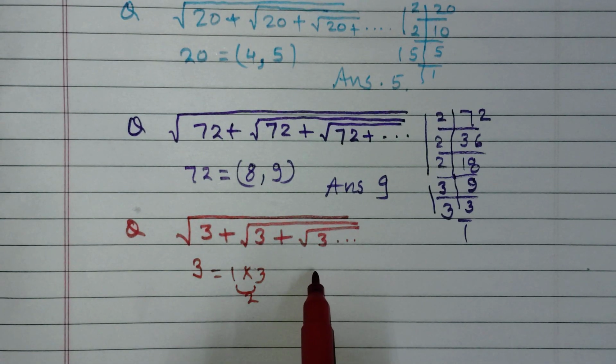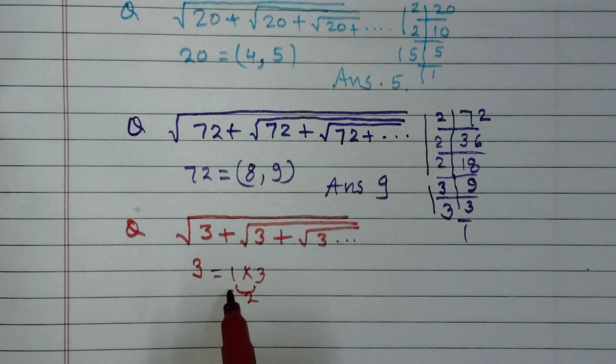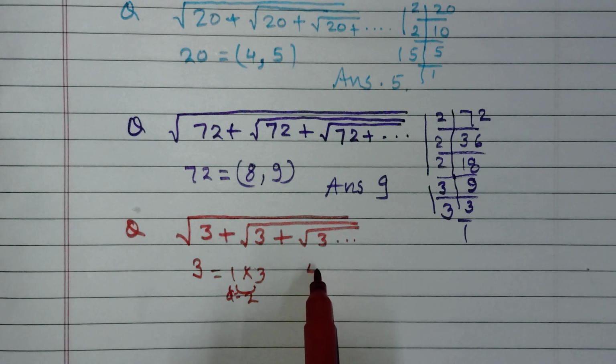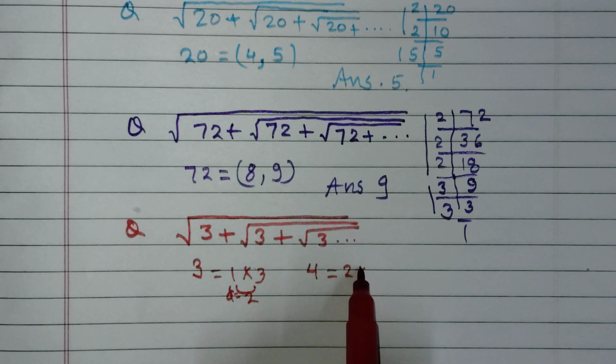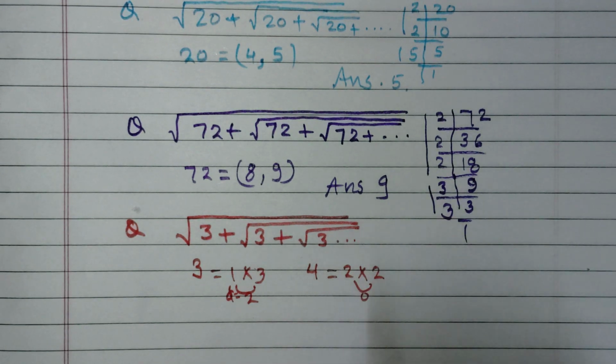We neglect it, because we need a difference of 1. Next, take another consecutive number, that means 4. 4 has factors 2 and 2 that have difference 0, so it is also rejected. We need difference 1 only.